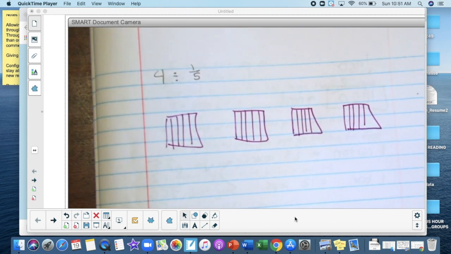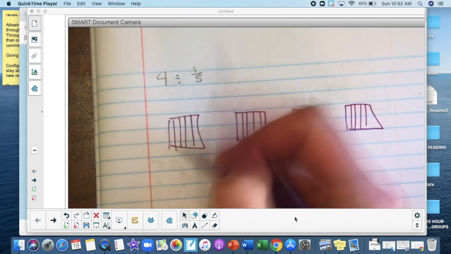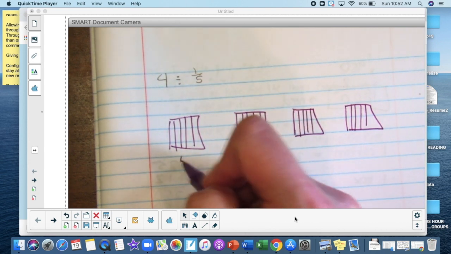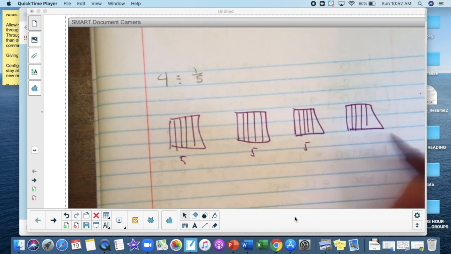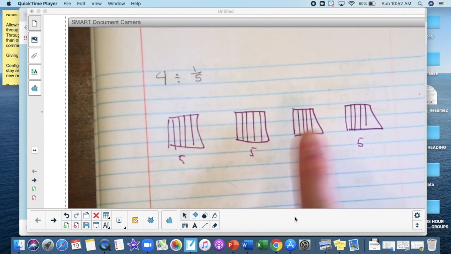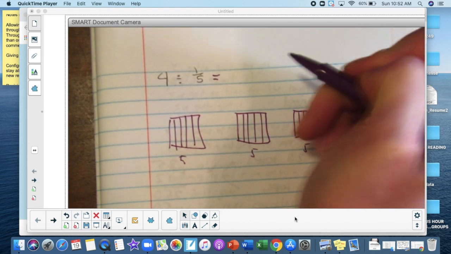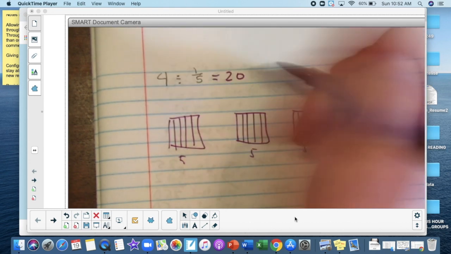I want to know how many fifths go into 4. So if I look at this, I've got 5 here, 5 here, 5 here, 5 here. I know that this is 20. 5, 10, 15, 20. So I know that 4 divided by 1/5 is 20.